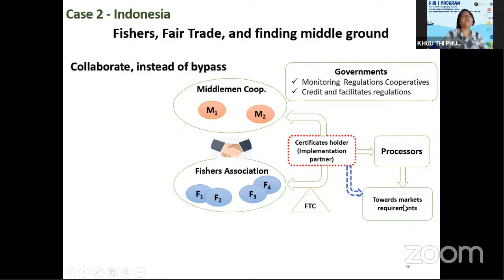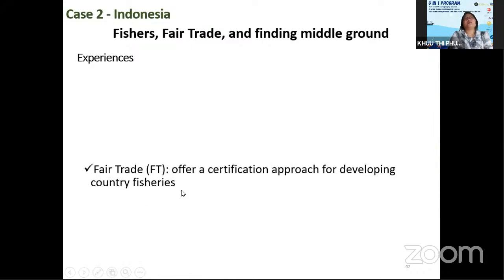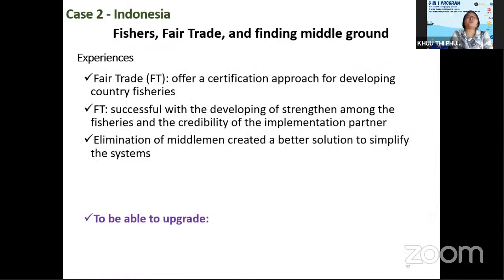Or if you want to implement a traceability system, the certified holder can provide information under the cooperation and collaboration of middlemen and the fisher association. That's the experience from Indonesia.